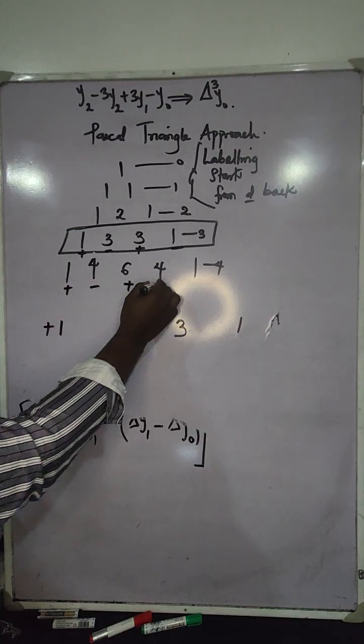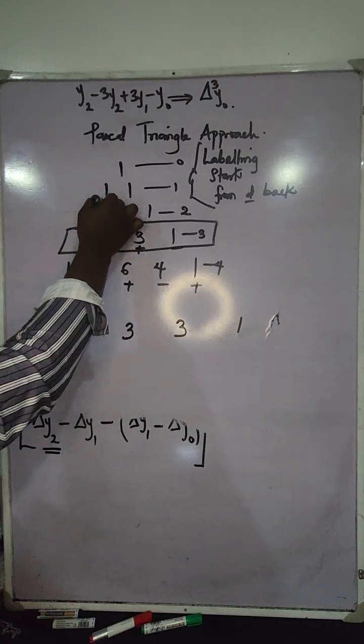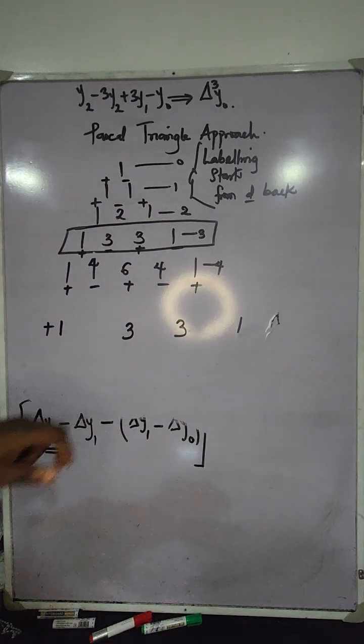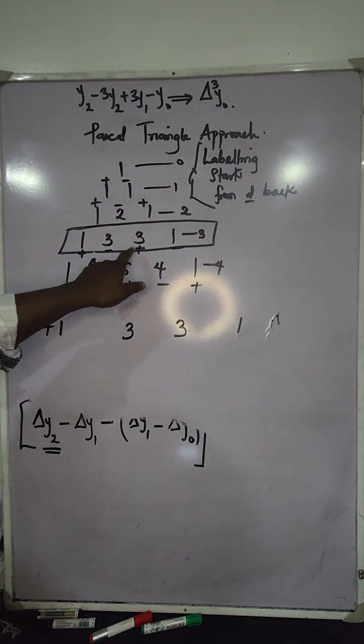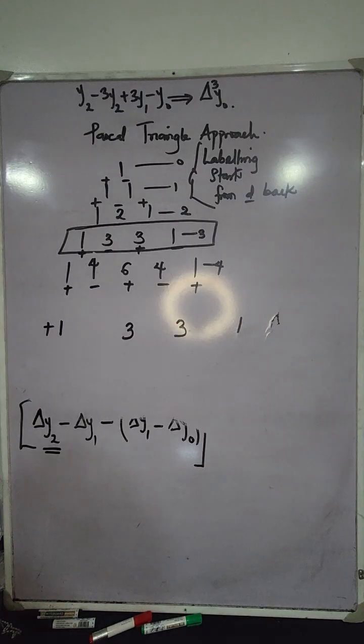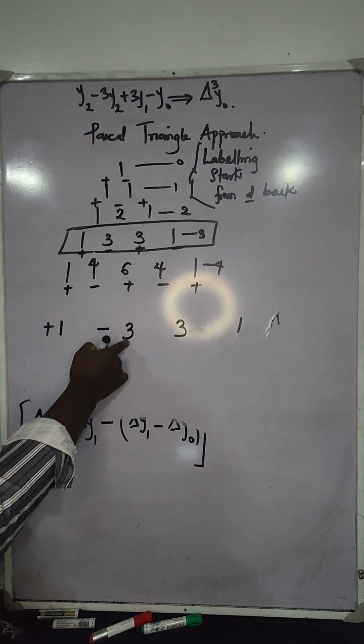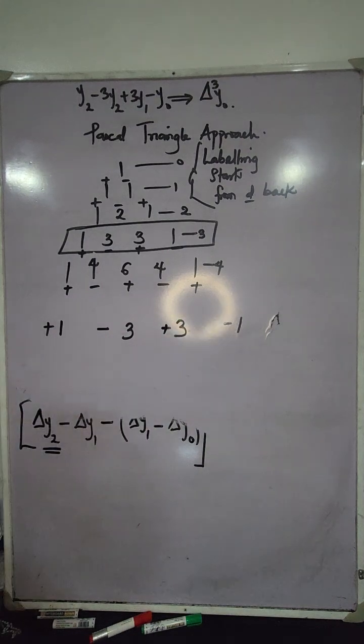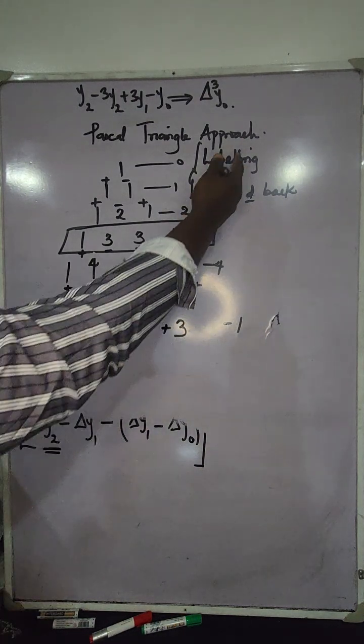Because we are at degree 3, we are saying plus, minus, plus, minus. And so we are saying plus 1, minus 3, plus 3, minus 1. And so because of that, we are labeling from the back.